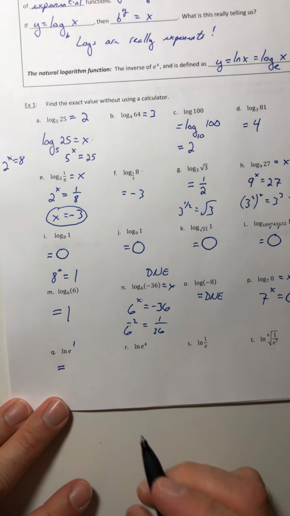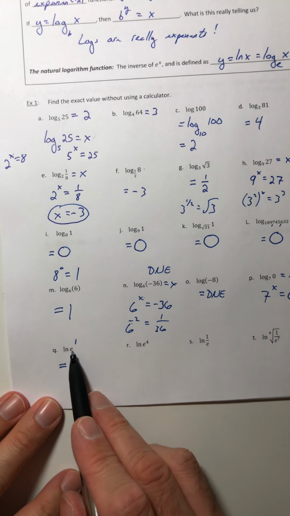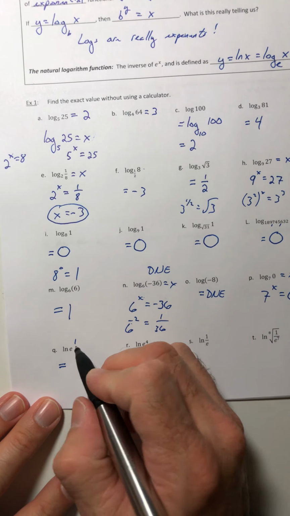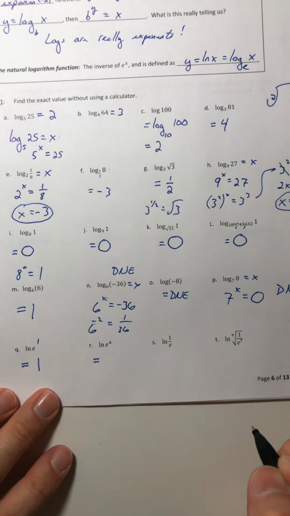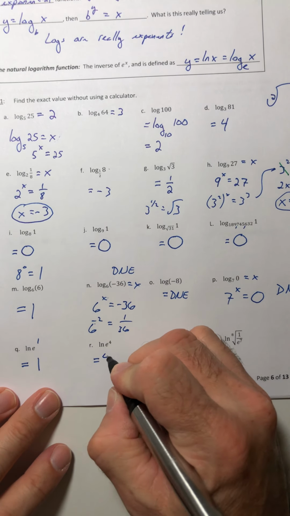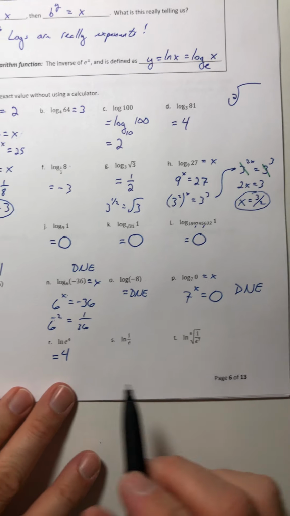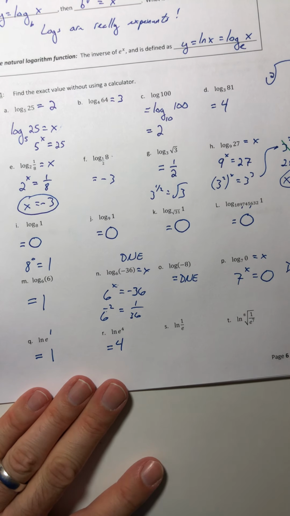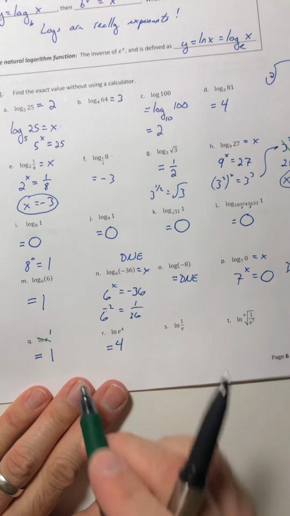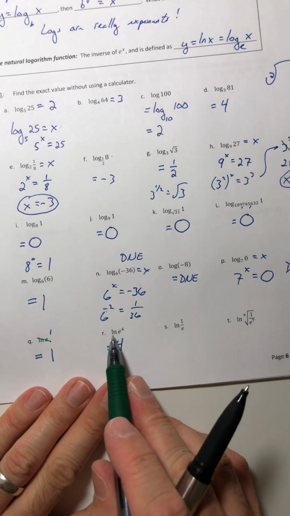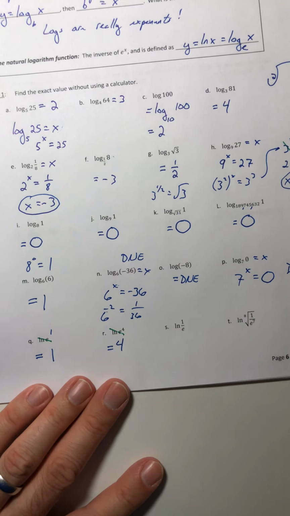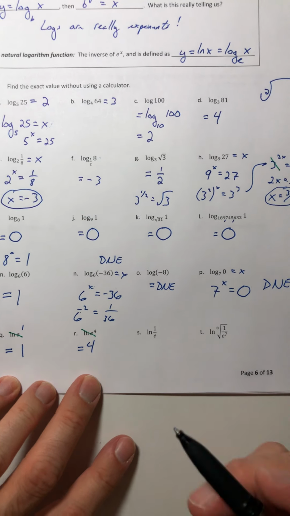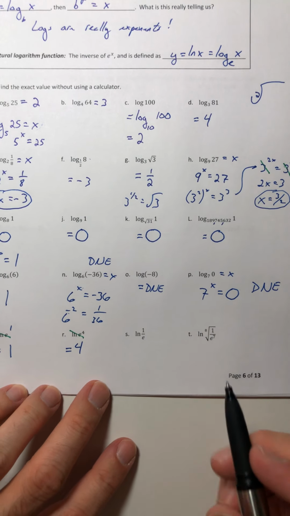What's left over is your exponent that was on the e. So ln of e is just 1. ln of e to the 4th is just 4. Now you can only cancel them when it looks like this or this, like ln of e to the something. e can't be in a fraction, it can't be in a radical. If it is, you have to manipulate it.